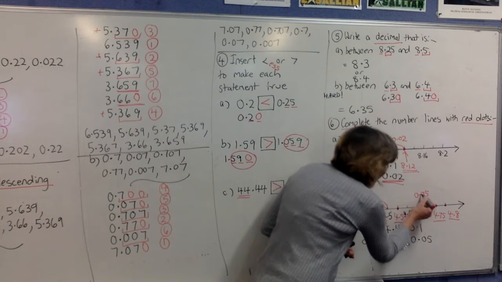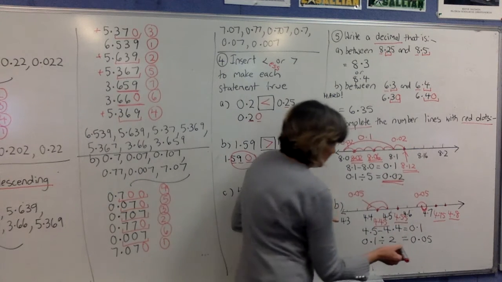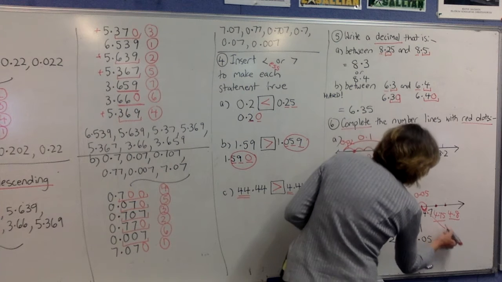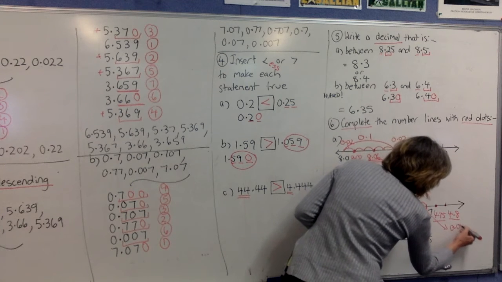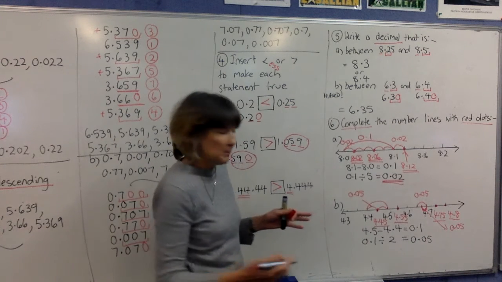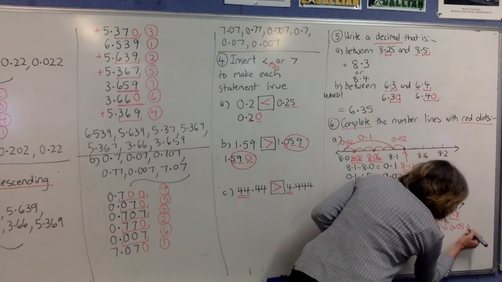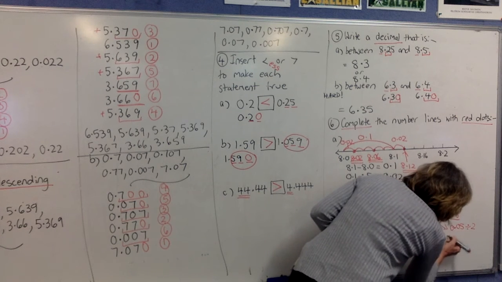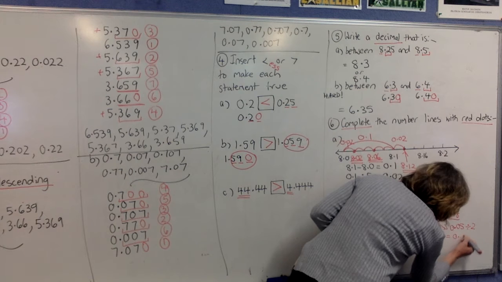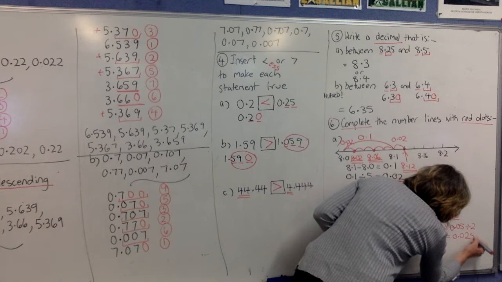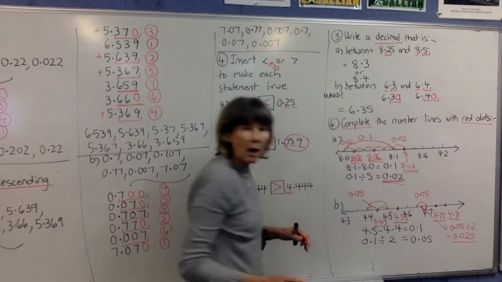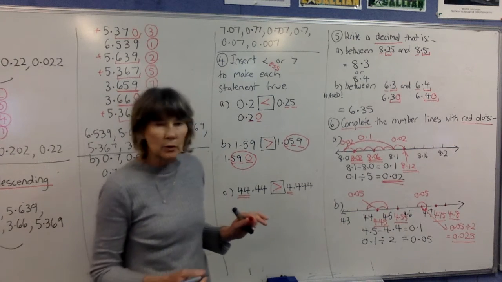So this bit is half of 0.05. Right? So if we work that out, we've got 0.05. Halving it is like dividing by 2. And if we work that out on the calculator, we will get 0.025.